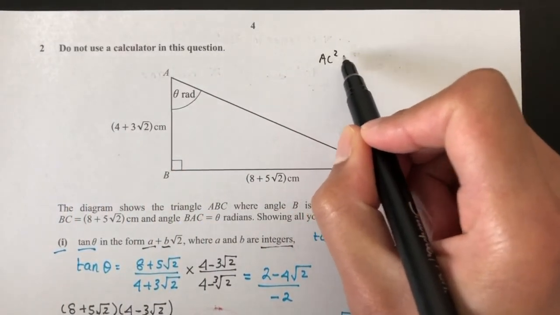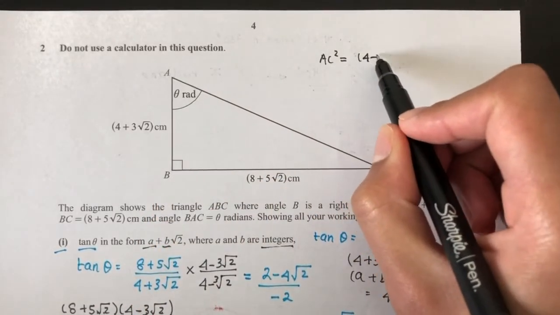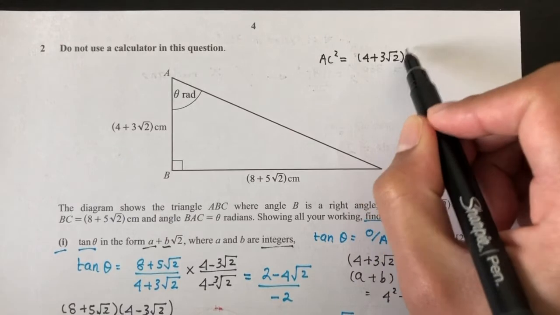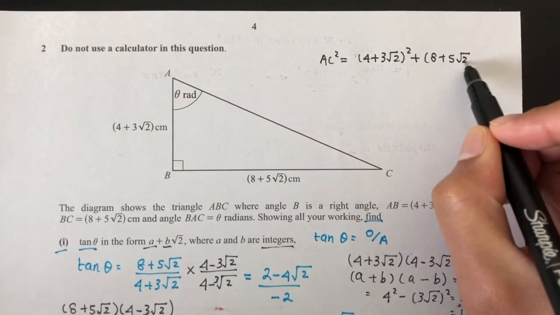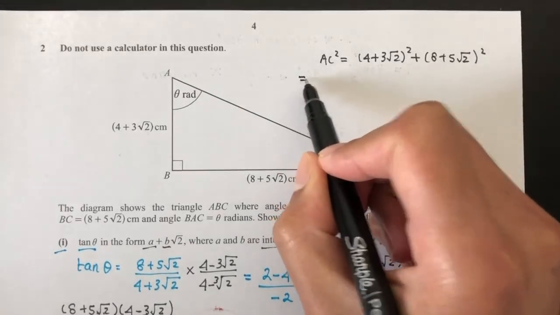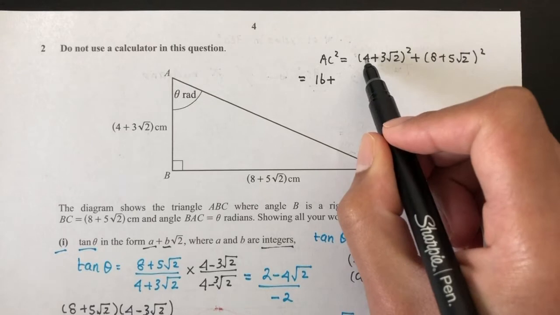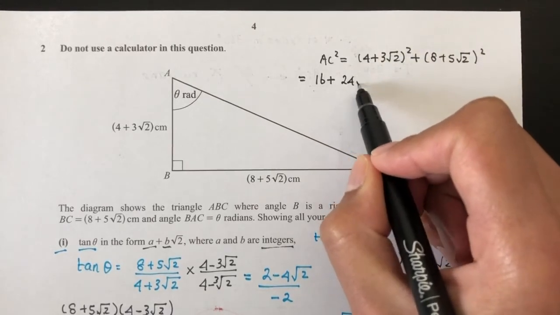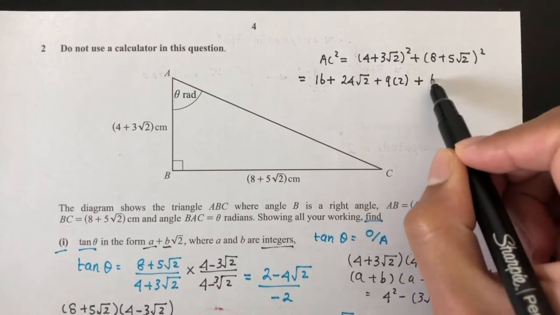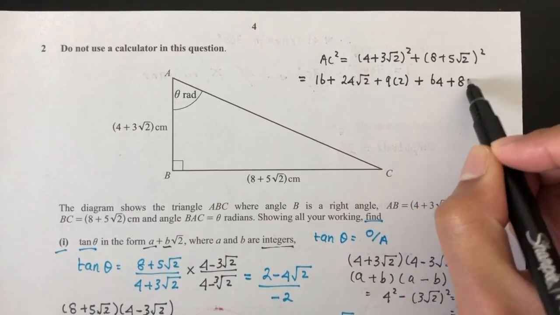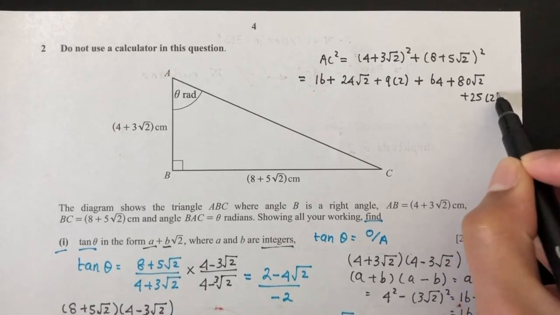So AC square is equal to 4 plus 3 root 2 square plus 8 plus 5 root 2 square. Expand, you will have 16 plus, 2 times 4 is 8, times 3 is 24 root 2, plus 9 times 2, plus 64 plus 80 root 2 plus 25 times 2.